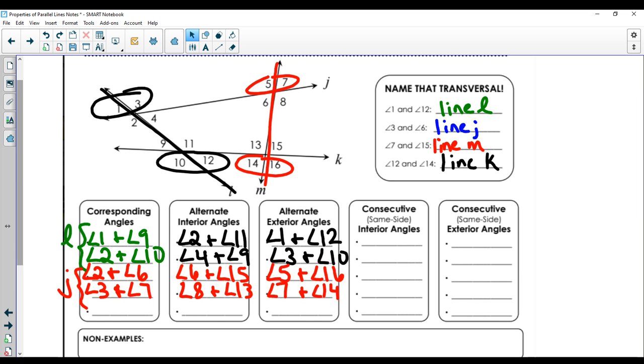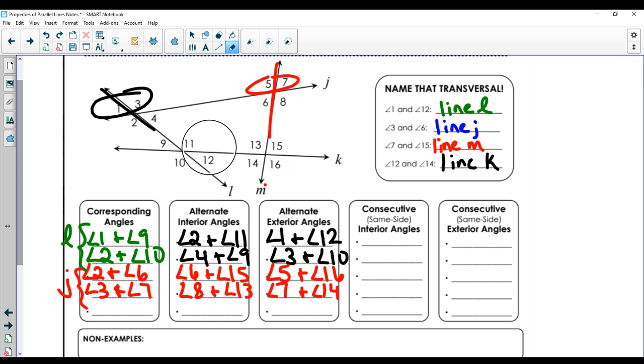So now, as a review real quick, the word alternate means they're on opposite sides of your transversal line, whichever one you're talking about. Interior means they're inside the two main lines. So for us, it was J and K. They're inside J and K. Exterior means they're the angles outside of J and K.